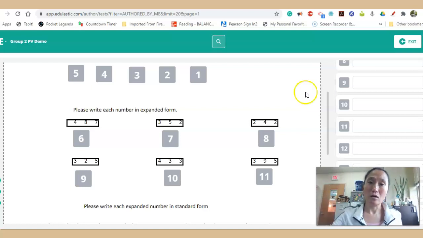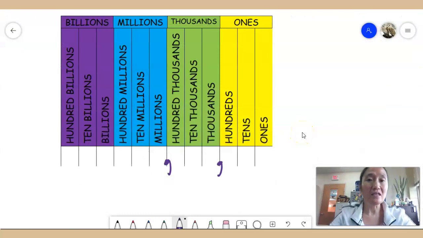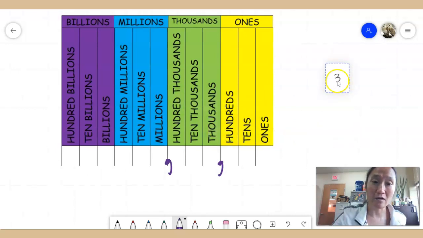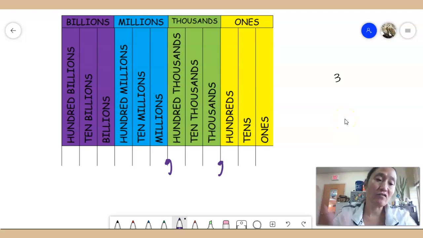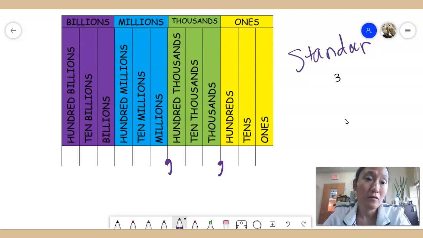Let's get this mastered. All right, so we have our handy dandy little chart again, and this chart is crucial to understanding values for our digits in both standard and expanded form. If we are working with a digit, and that digit is in standard form, I would take notes, guys.